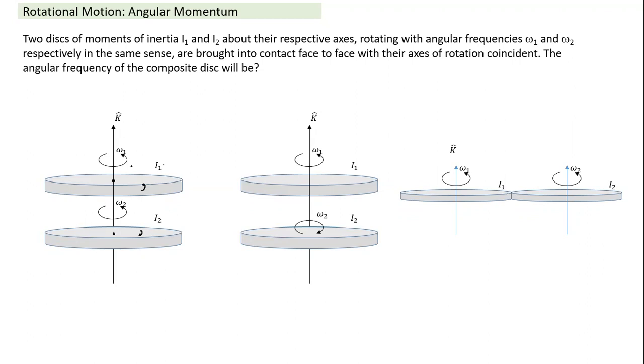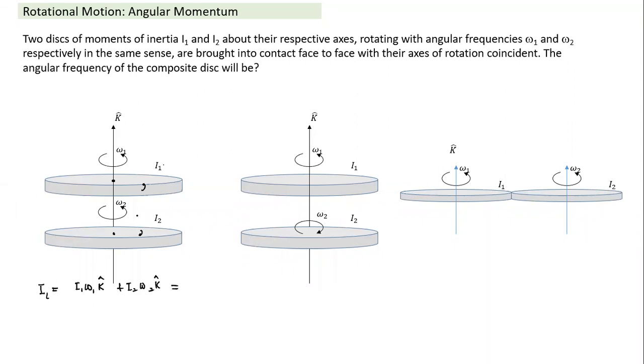So how would I write this equation? If both omegas are in the same direction, the initial angular momentum would be I1 omega 1 k cap, because this is rotating in that sense, plus I2 omega 2 k cap.